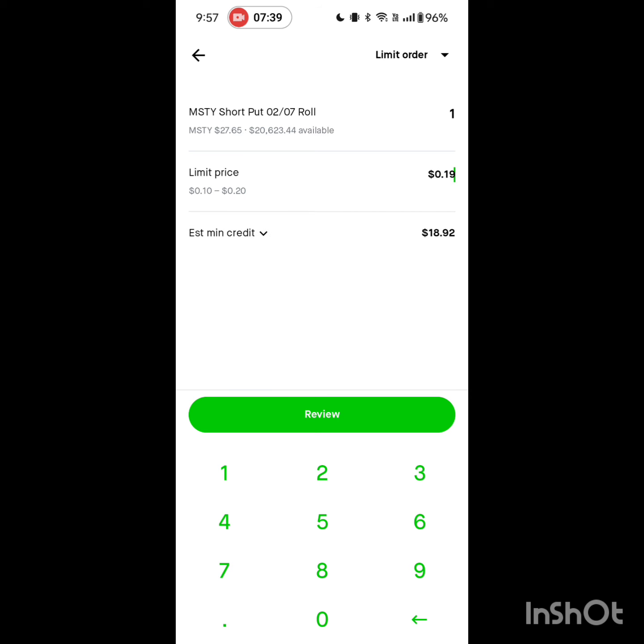But that doesn't guarantee that your roll is going to fill. It all depends on the market share price. Let's pretend that the market share price is currently at 27.64. If it goes higher, then yes, the chances of this contract getting filled increases.